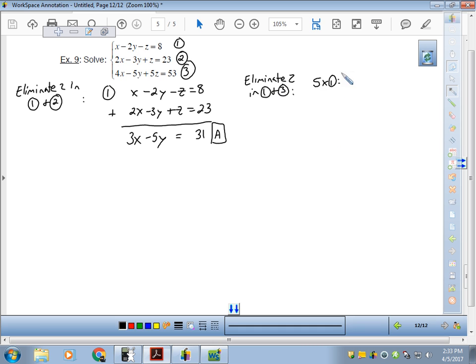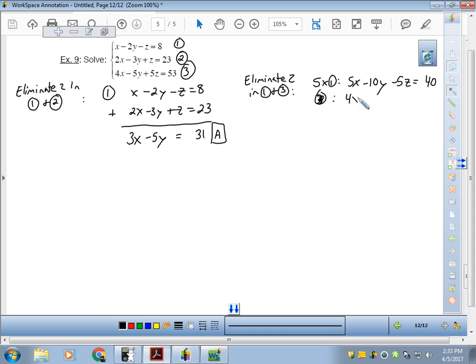So 5 times x is 5x. 5 times negative 2y is negative 10y. 5 times negative z is negative 5z. And 5 times 8 is 40. And I'm just going to add that to equation 3.